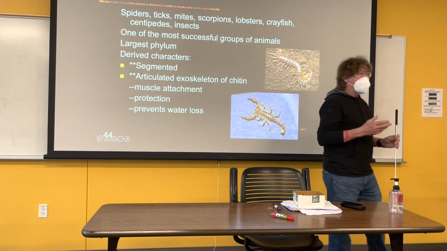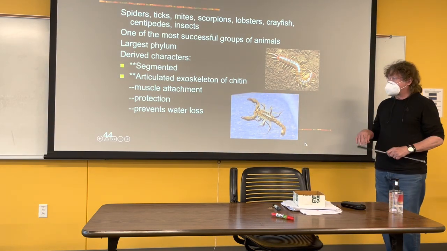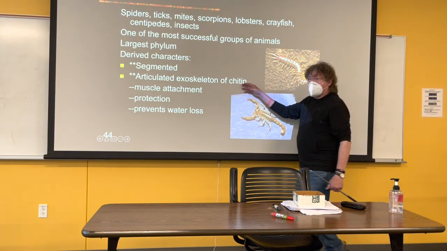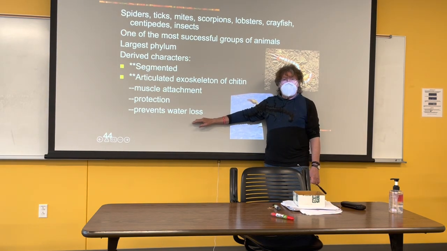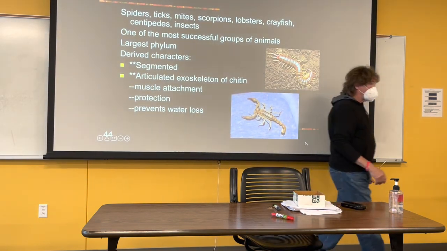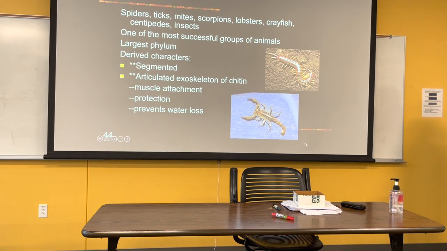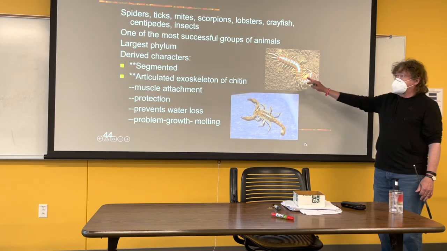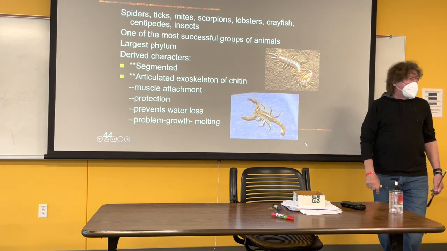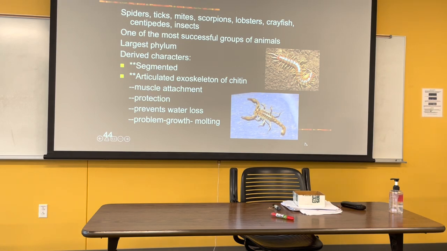So they're more adapted to terrestrial conditions. And that's because of the exoskeleton and also that waxy layer on the cuticle. Prevents water loss. Now, of course, this problem with growth, that's true not just of insects or arthropods. That's true of nematodes as well.